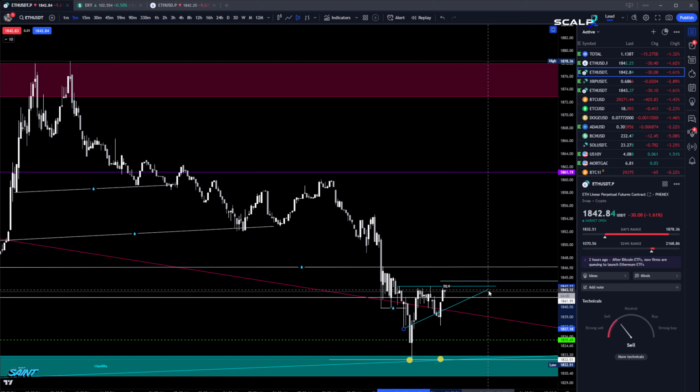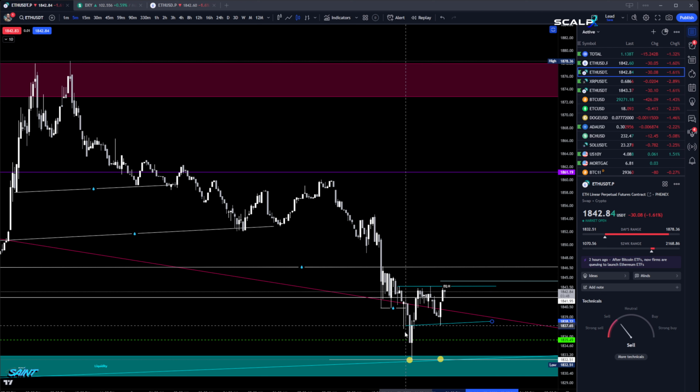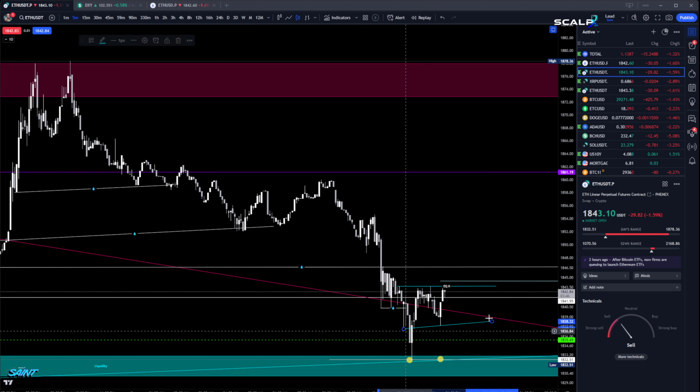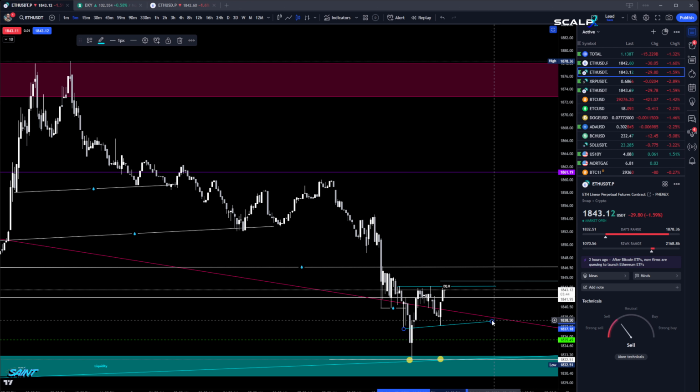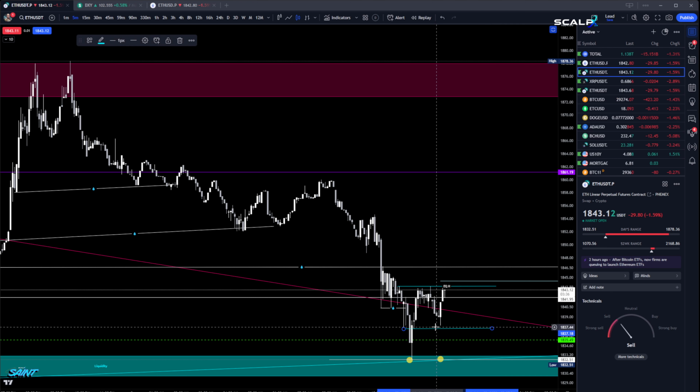So we could actually maybe do this as a possibility. Yeah, I almost want to call this an equal low. They say it couldn't be an equal low because it didn't find quality there.